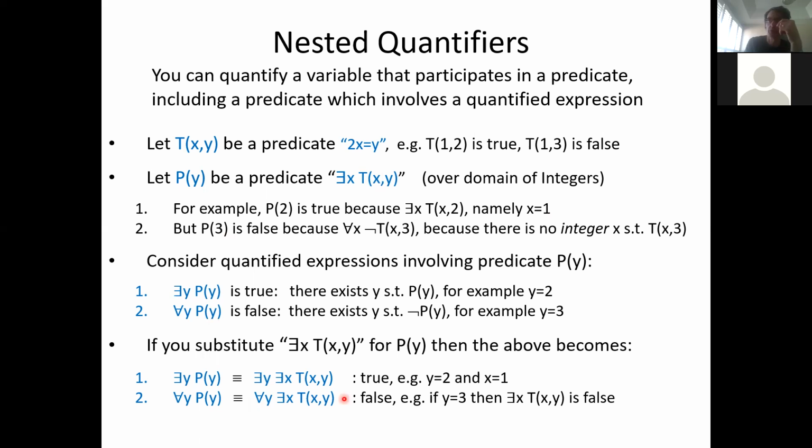If you are not sure, this is a fully quantified expression. Both x and y are quantified in it. So there is some truth value to it. It's either true or false, but it's well defined.